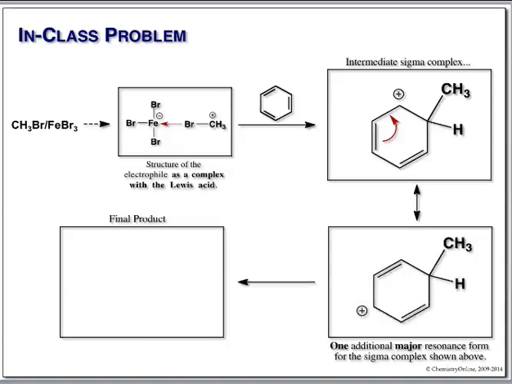There are 3 total. This is 2. And finally, to get our final product, a base comes along, pulls the hydrogen off, electrons go back into the ring, and we have made toluene.